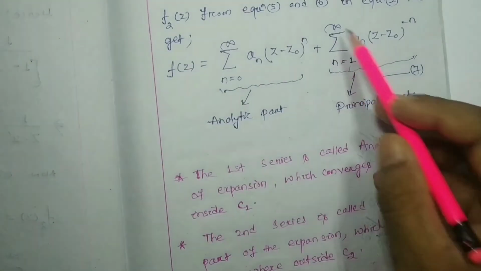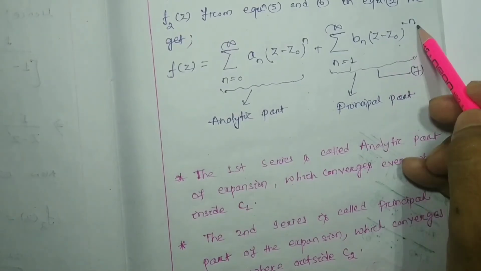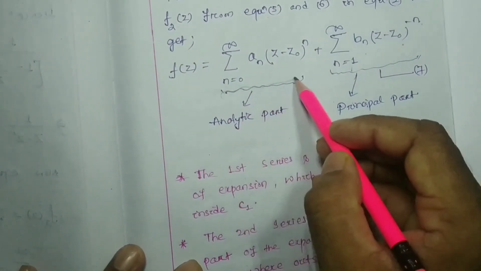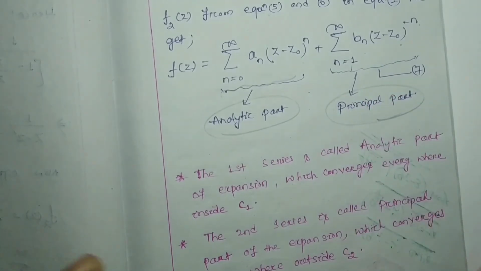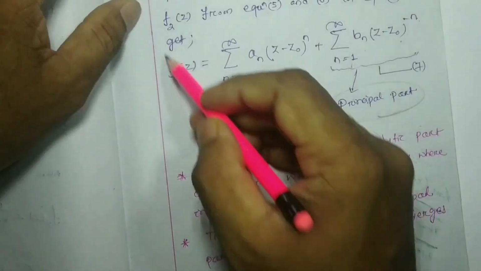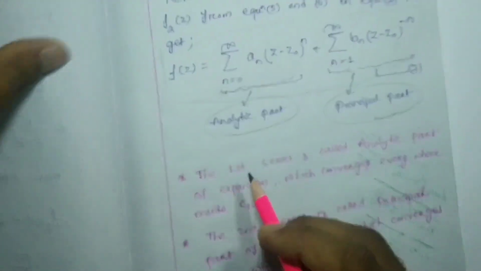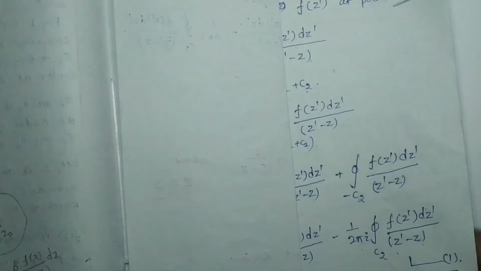And this part is called your analytic part, and this part is your principal part. Okay, so this is all about the Laurent series, whatever we intended to prove, and here we proved it.